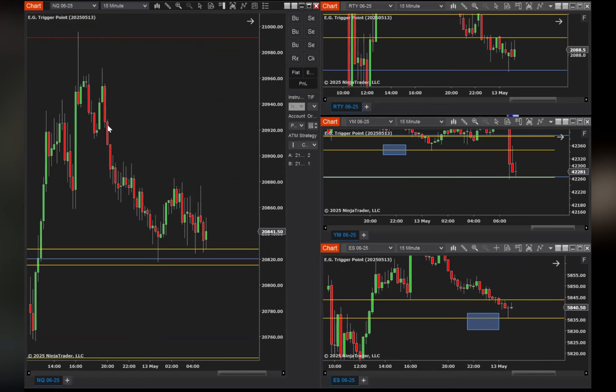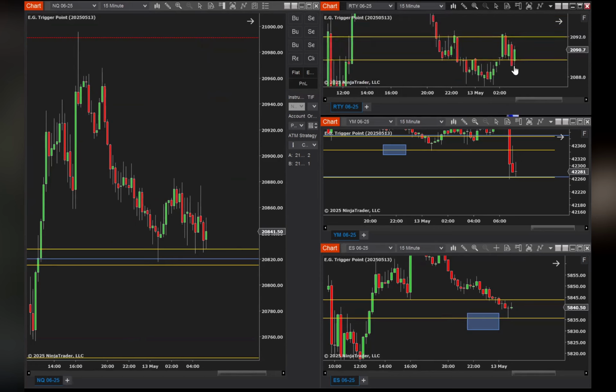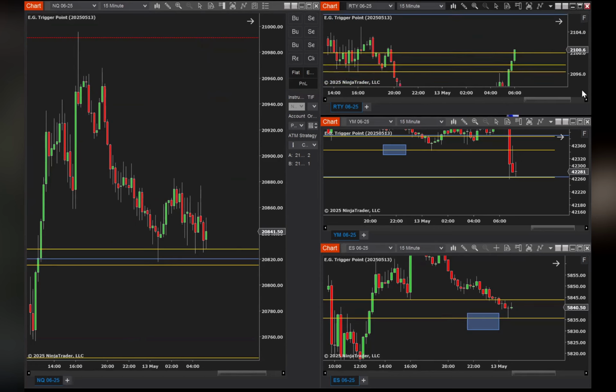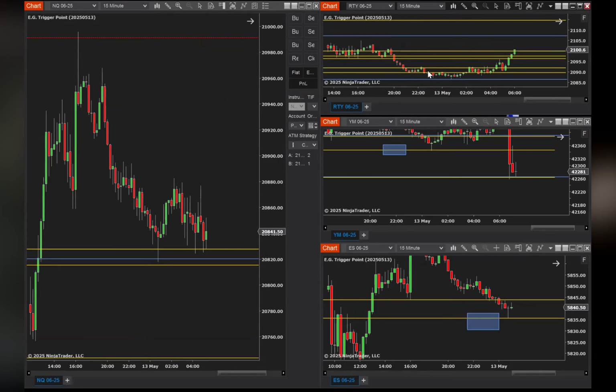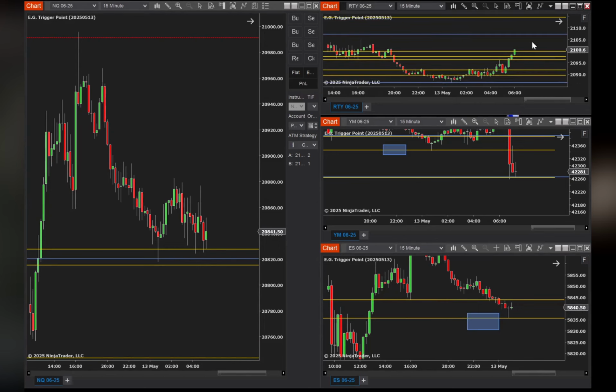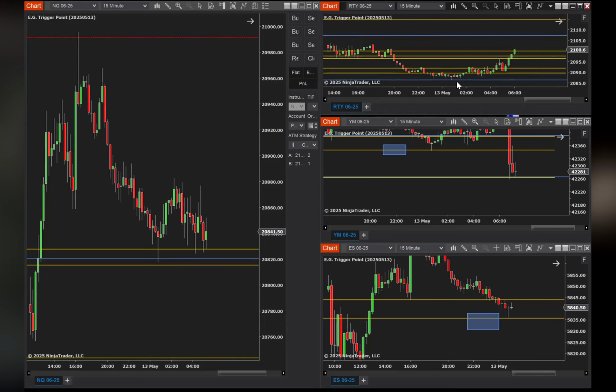NQ went down, they hit their support together. Same for RTY, but then RTY broke above. Since all of them hit their support, I expect them to reverse and go up. I'm not looking at what RTY did in terms of movement. I'm only looking at what I expect them to do since they are at support level.